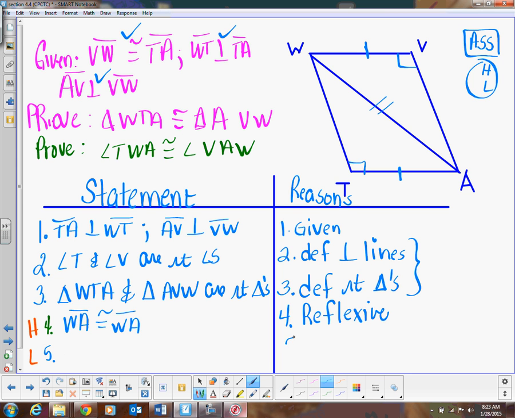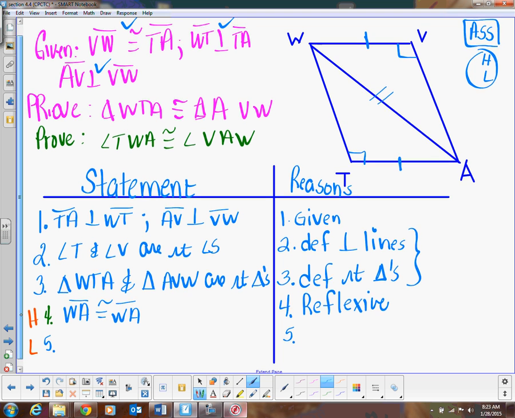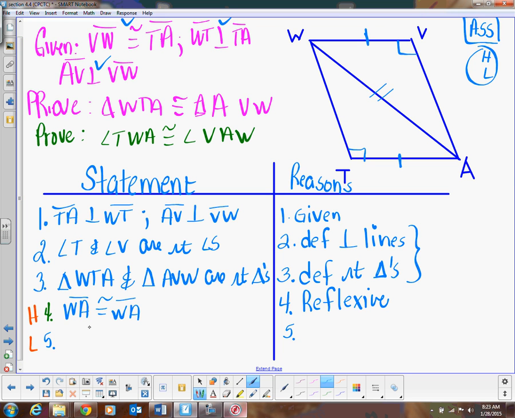What's the leg? TA is congruent to TA. Is WV the right order? You started with T? It's not V, because T is right, A is not, V is right, W is not. You with me? Okay, so you had the correct segment. We just got to get these vertices in the correct order. And why? How do we know that?